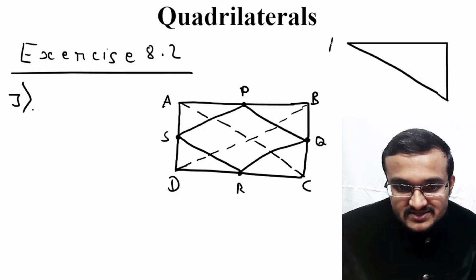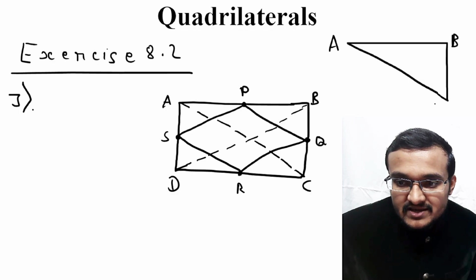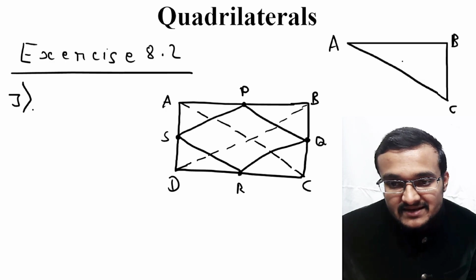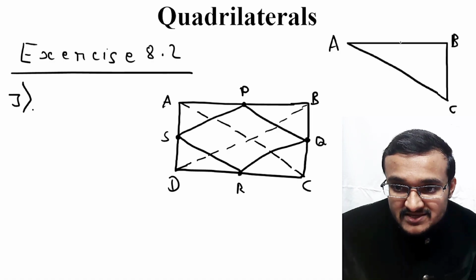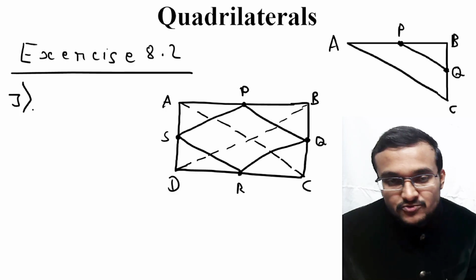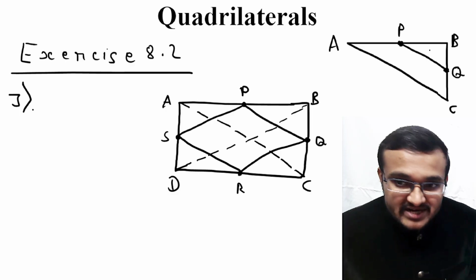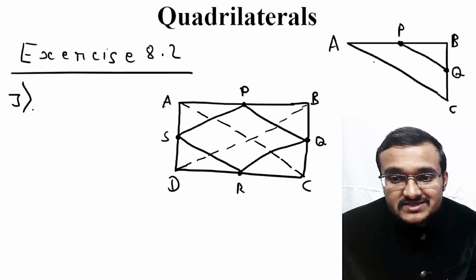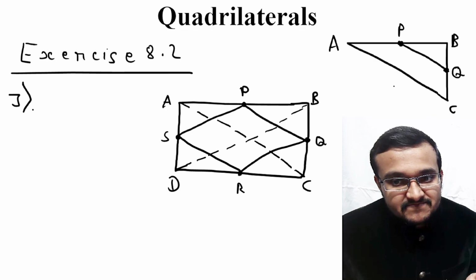So here this is A, this is B, this is C. So AC is the diagonal. And here P is the midpoint of AB which is there here and Q is the midpoint of BC that is there here. So now you connect this PQ. According to the midpoint theorem, PQ is equal to half AC.